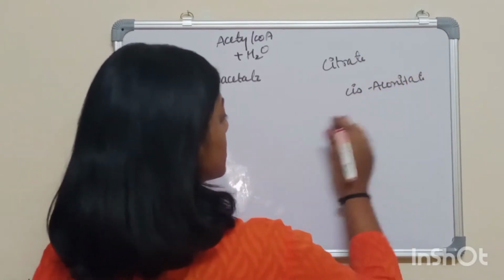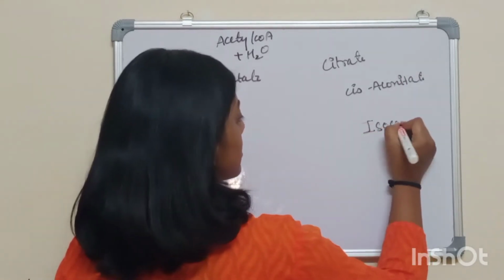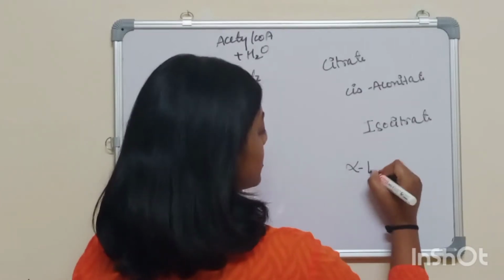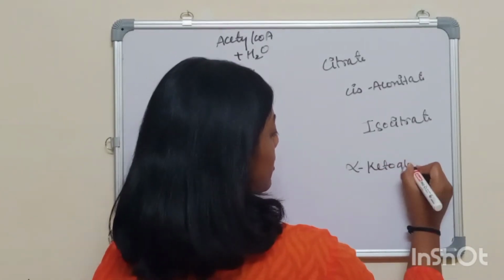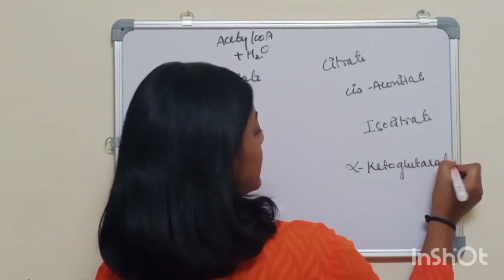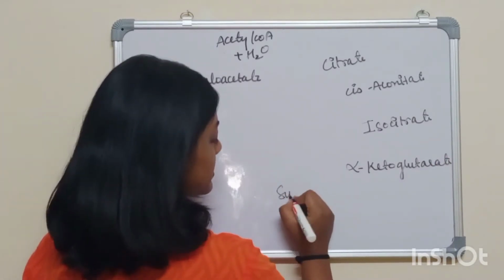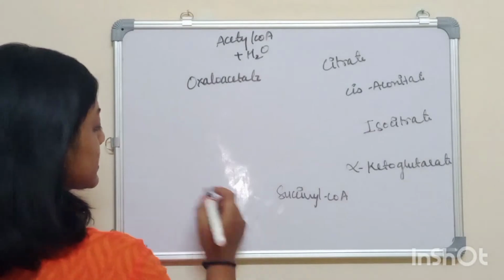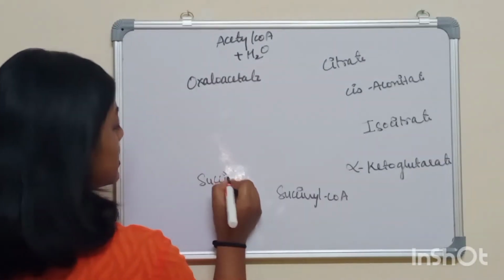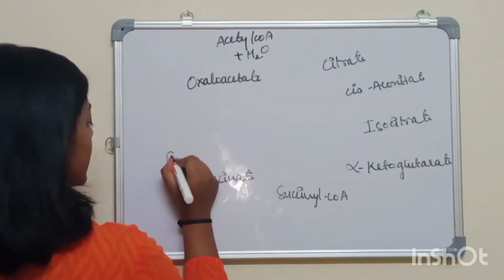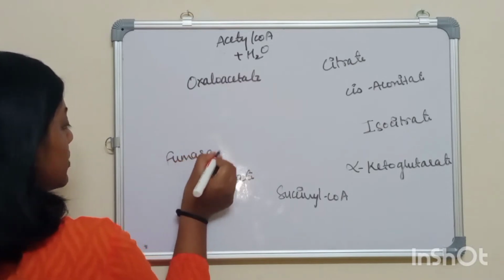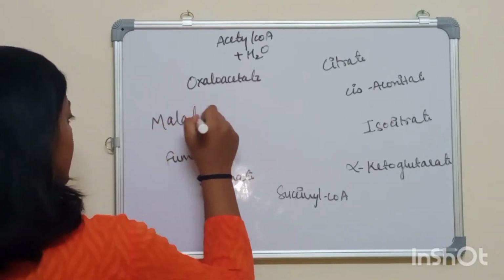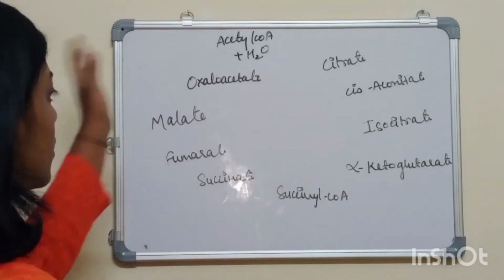Cis-aconitate converts to isocitrate, and isocitrate gets converted into alpha ketoglutarate. Alpha ketoglutarate gets converted into succinyl CoA. Succinyl CoA gets converted into succinate. Succinate gets converted into fumarate, and fumarate gets converted into malate, and then malate finally gets converted into oxaloacetate.